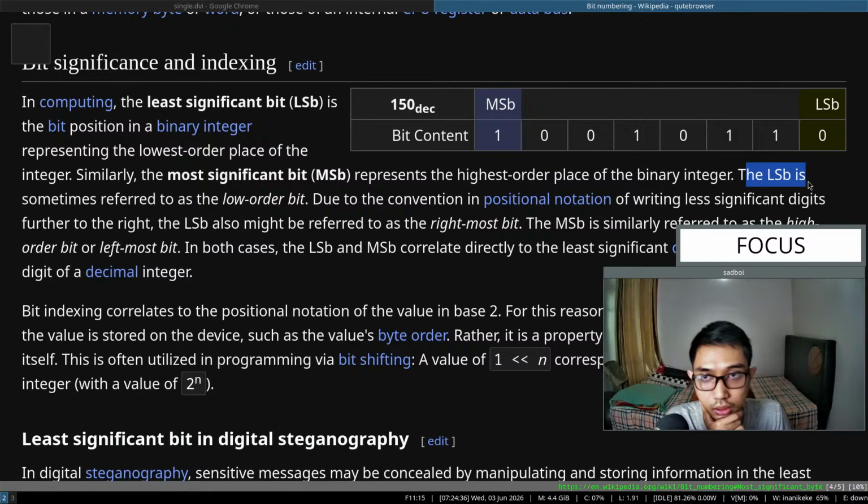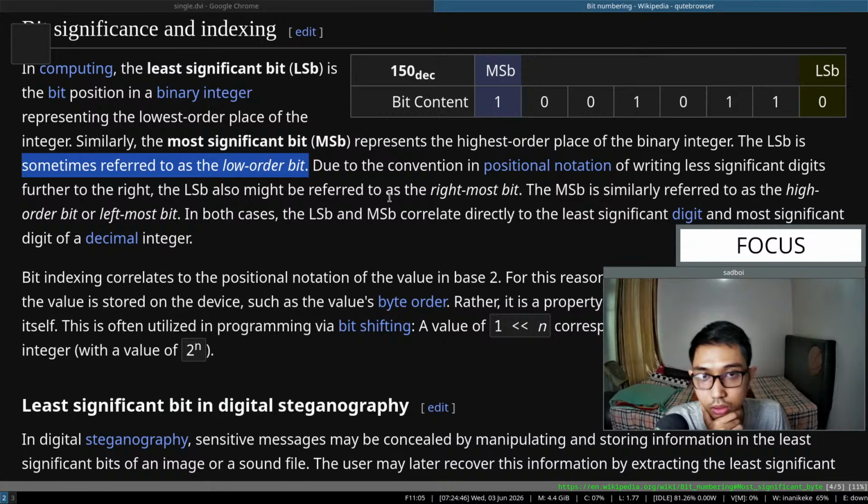The least significant bit is sometimes referred to as the low order bit due to the convention in positional notation of writing less significant digits further to the right.